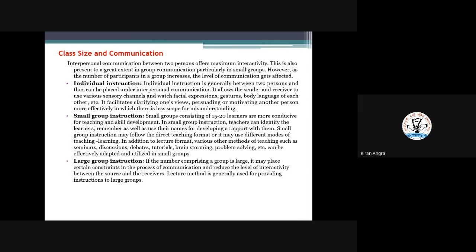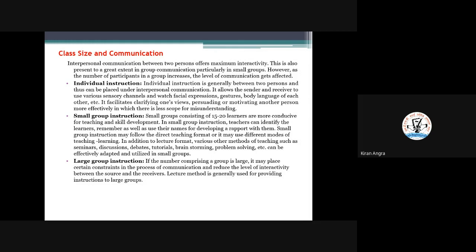Small instruction comes in a class when it takes a very small number of students. Some students in a class are slow learners and some are fast learners. When it comes to the slow learners, you have to address their specific educational needs.